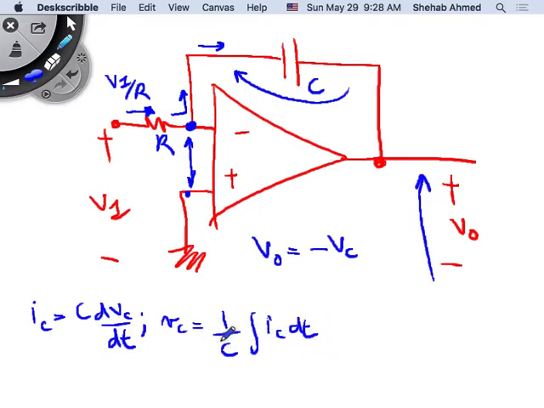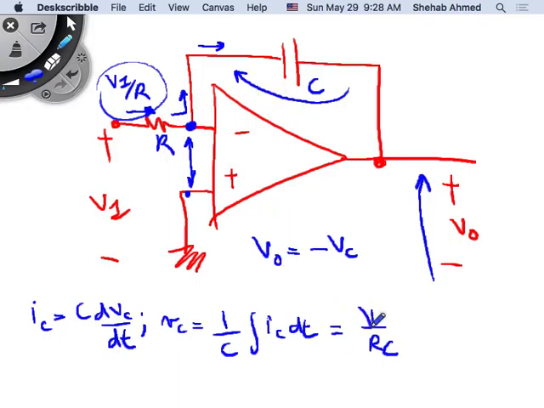IC happens to be VI over R. So 1 over RC, and it happens to be a DC value. Is the capacitor not initially charged? The capacitor is not initially charged, yes.